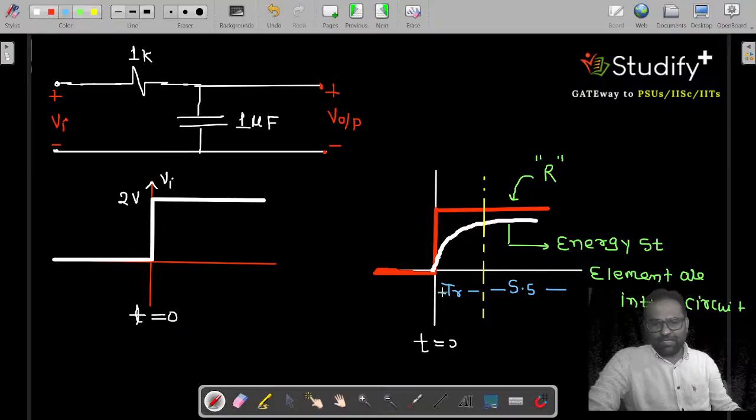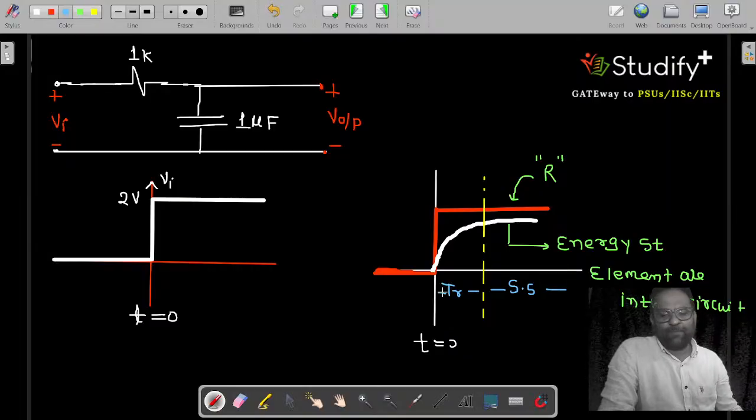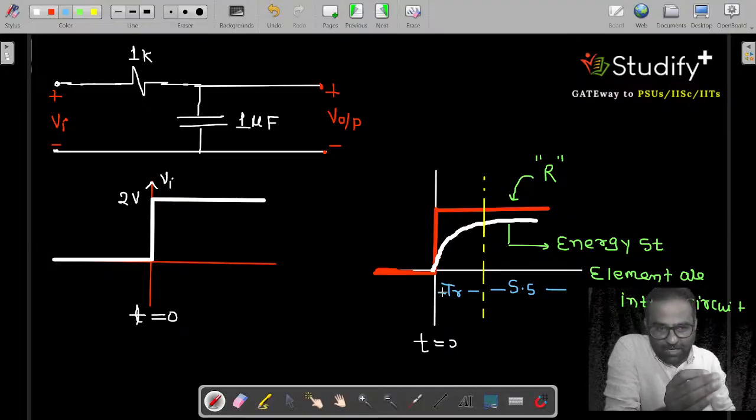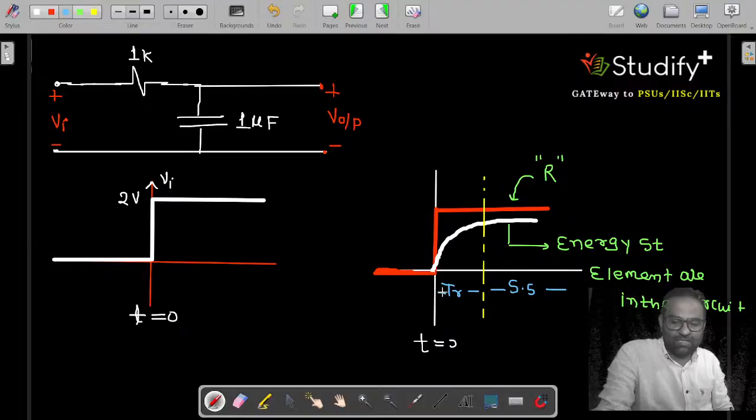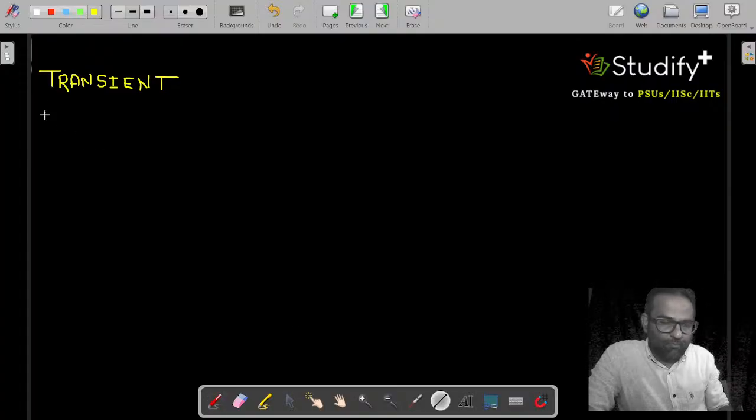So you can divide the analysis into two parts. Whenever we are having energy storing element, how the energy storing element will behave with the abrupt change is known as transient analysis. So what is the definition of the transient?